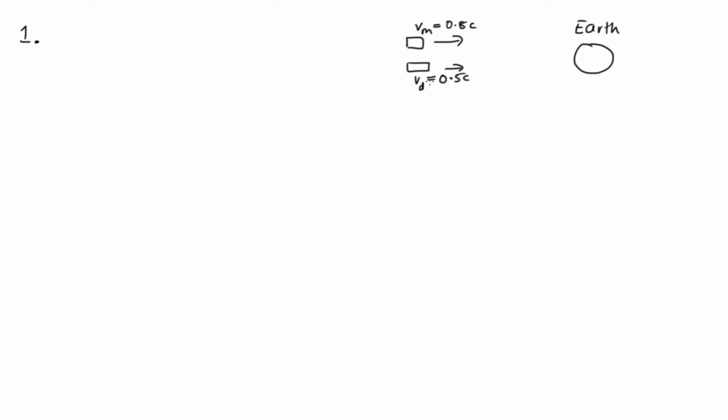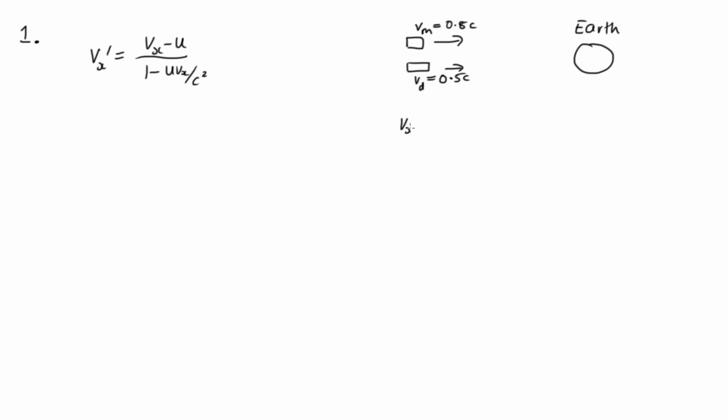measure Dad's speed. So we're going to need to use the equation that Vx prime is equal to Vx minus u over 1 minus u Vx on c squared. But let's go through and define what each of these is going to be in our system.